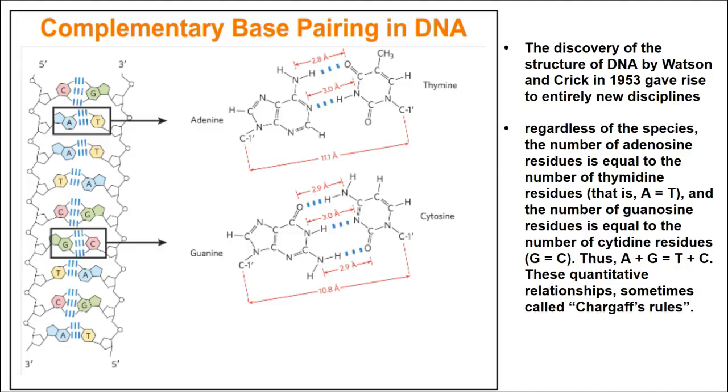Regardless of the species, the number of adenosine residues is equal to the number of thymidine residues, and the number of guanosine residues is equal to the number of cytidine residues. Thus, A plus G is equal to T plus C, and this relationship is called the Chargaff rules.